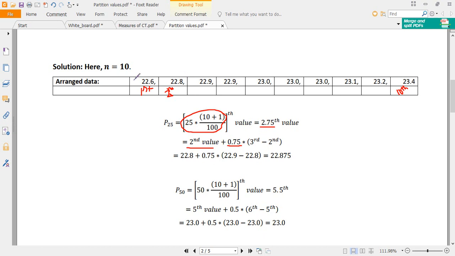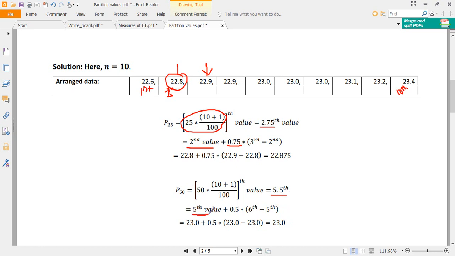Then from here we take the second value plus 0.75 times the difference. The third value is 22.9 and the second value is 22.8. So 22.9 minus 22.8, and finally we have the result 22.875. For the 50th percentile, that is P50, we have the same formula, and we get 5.5.